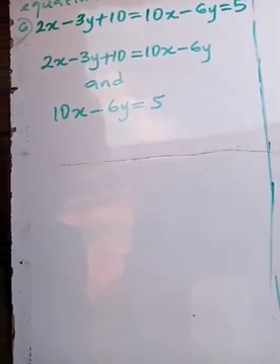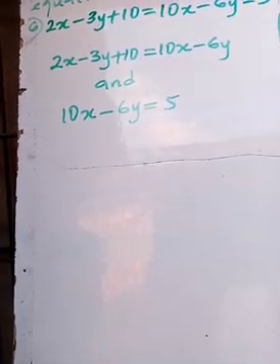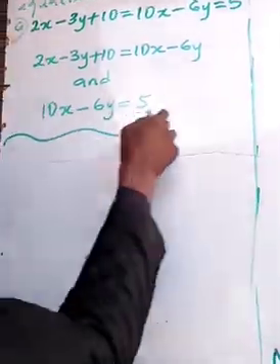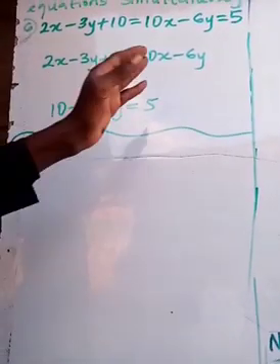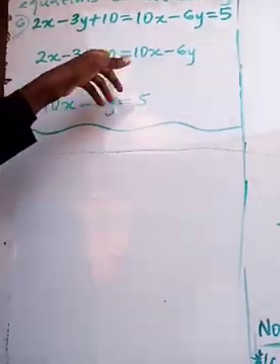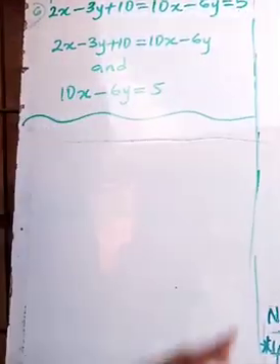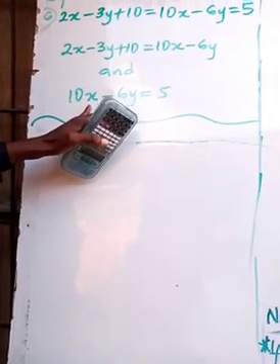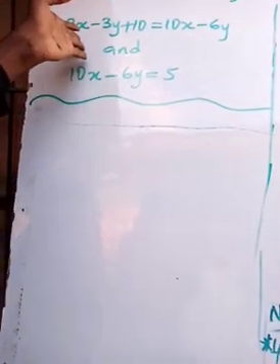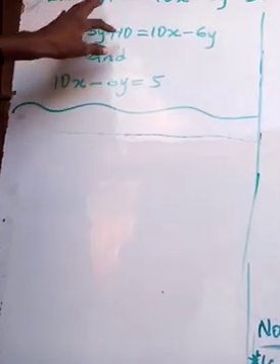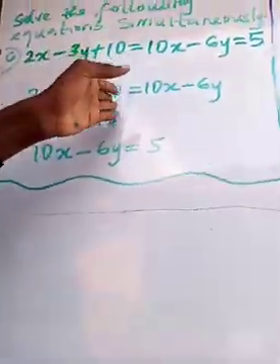Now to make it look conventional, I'll try and make the x and y be on the left hand side and the one that does not have x be on the right hand side. This one looks perfect. There's x and y on this side already, so with this one we'll do something about it. We'll take all the x and y here, bring them here, then this one goes to that side.